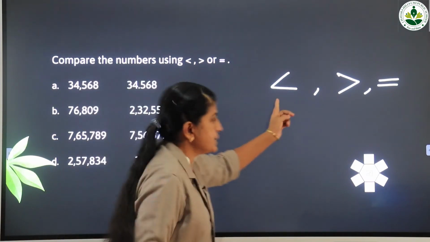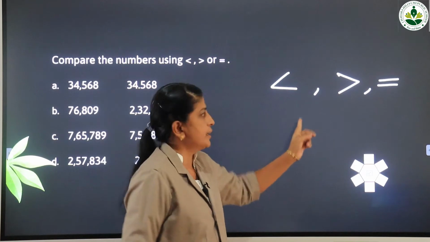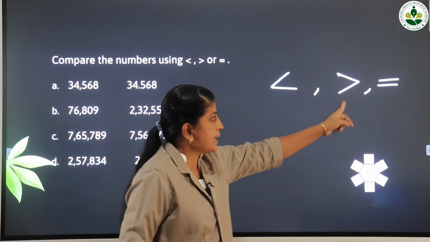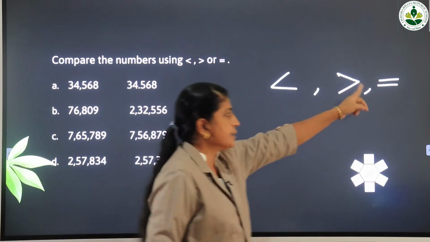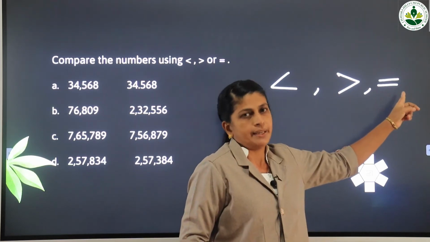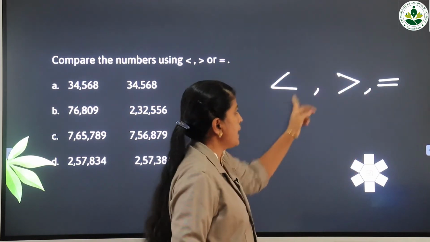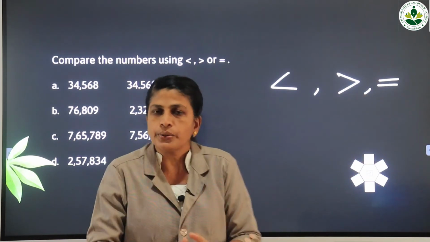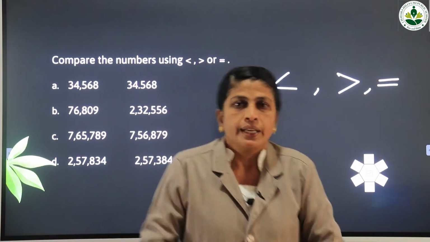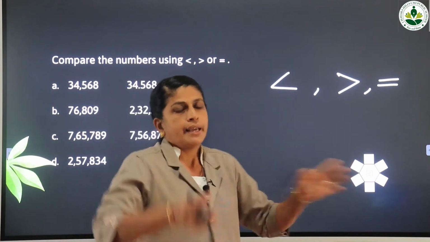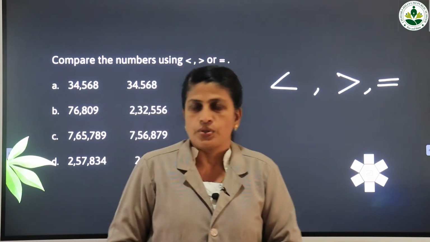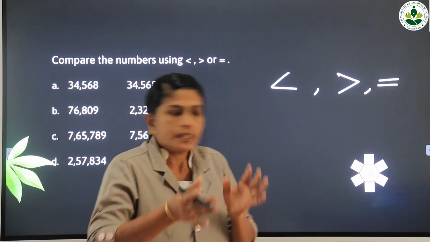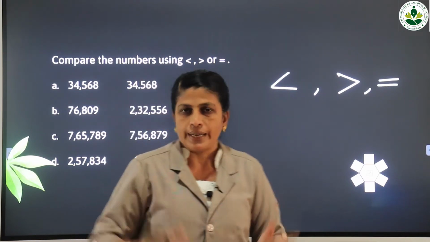This is less than. And what about this? This is the greater than symbol, and this symbol all of you know, the equal sign. Therefore, less than, greater than and equal sign. To compare two numbers, we can insert any one of these symbols in between the two numbers. Then we can read it as less than or greater than, like that.